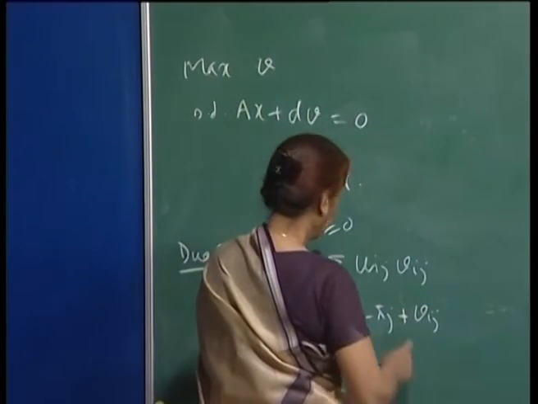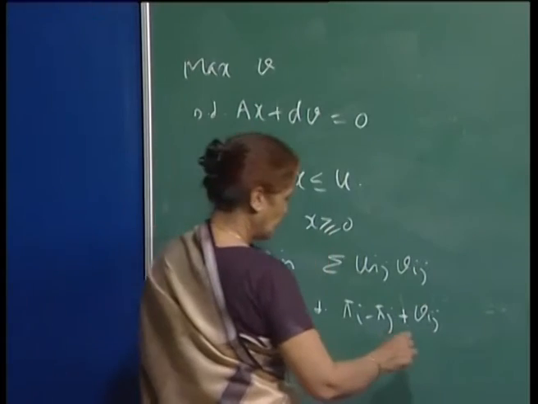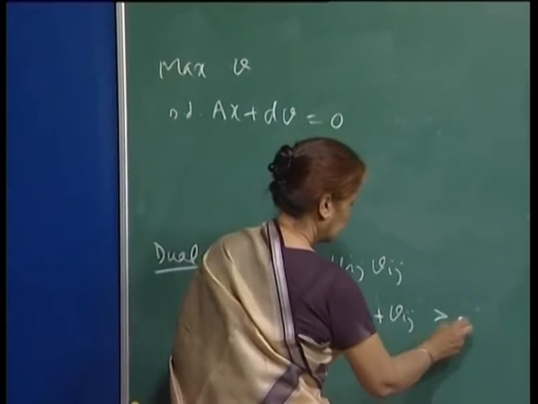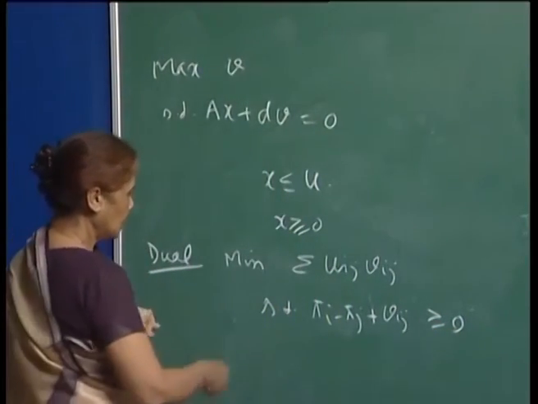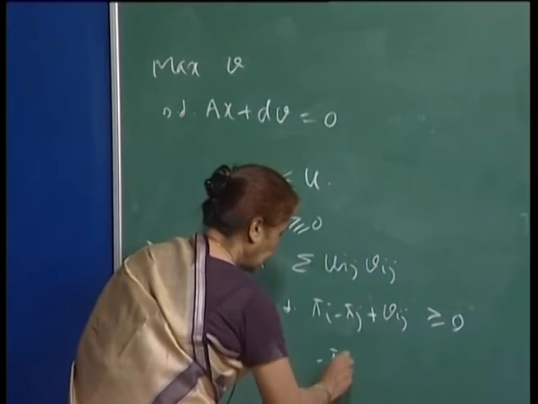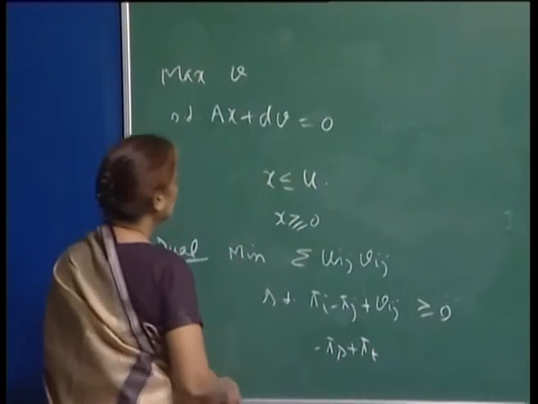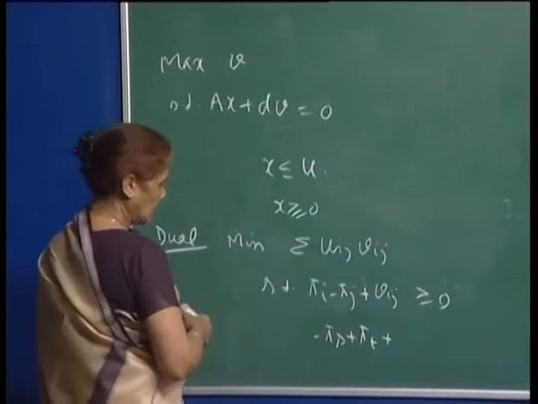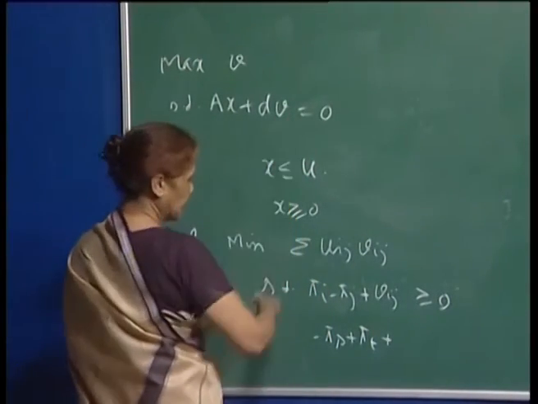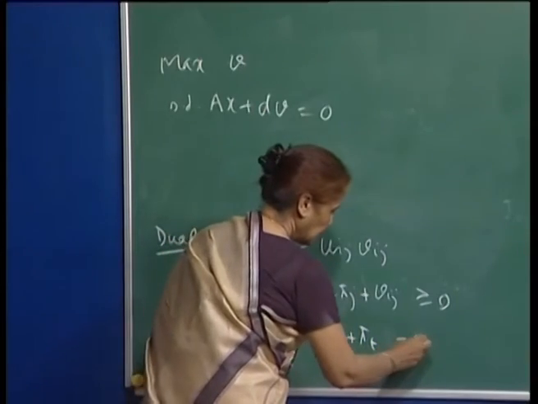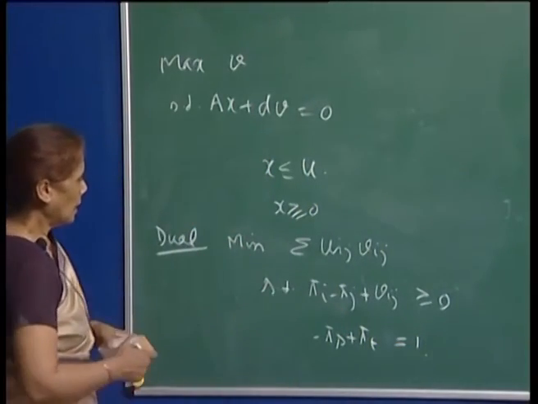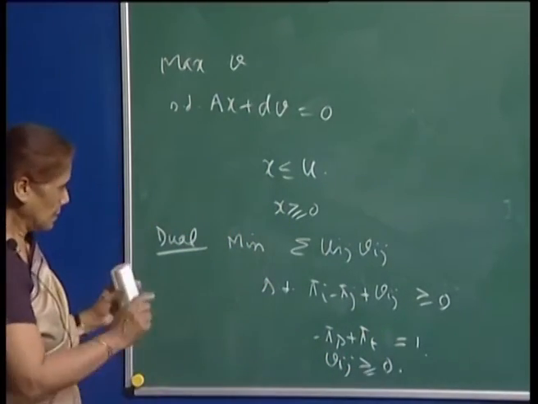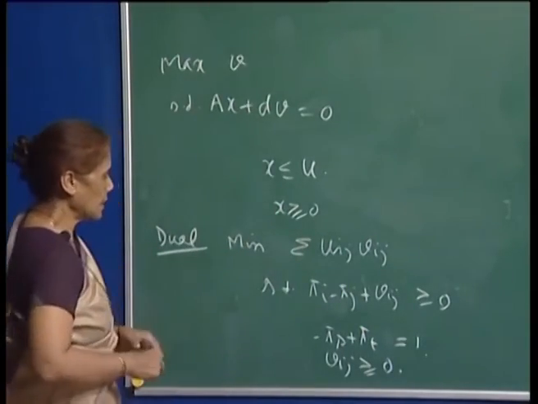This will be greater than or equal to 0, because now I am taking the non-negativity constraint, and then you will have minus pi s plus pi t equal to 1, because my V is unrestricted, and you have your Vij greater than or equal to 0. I am keeping it more simplified, because I am now not treating these constraints as explicit constraints.